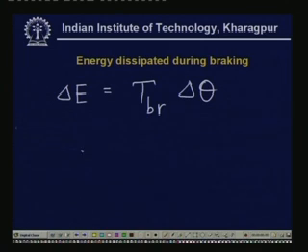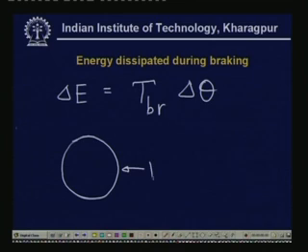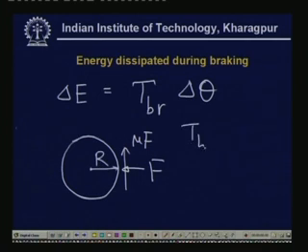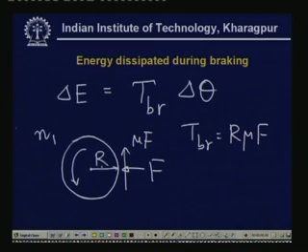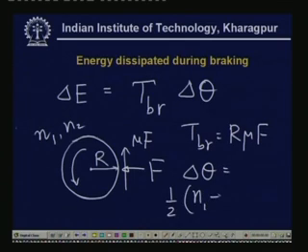And if you see this braking drum, that is, this drum where the braking force is applied, this is the force and this is mu times F. So, the total braking torque is equal to R times mu times F, and this drum was rotating, let us say, with a speed n1 revolutions per second, and after braking it comes to n2. So, delta theta can be proved to be n1 plus n2 times t.